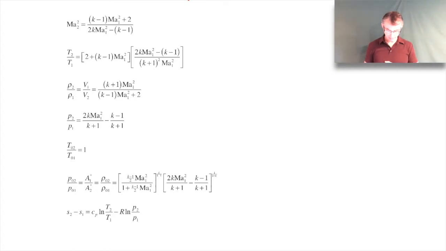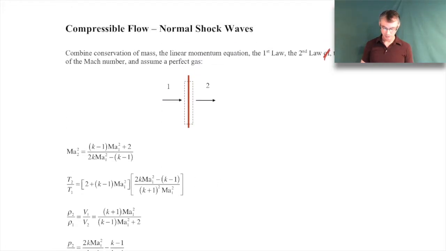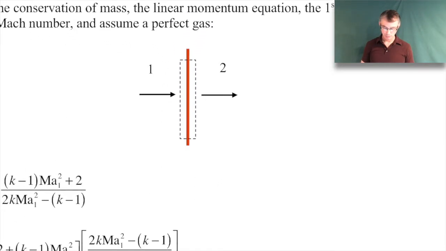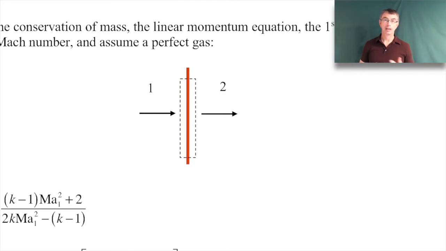One that's easy to remember is what's happening to the stagnation temperature. It remains constant across the shock wave. Now, the reason for that, let me go back and discuss this, and this starts getting into why we say normal shock waves are non-isentropic processes, is as the flow goes through the shock wave, when we analyze the first law of thermodynamics, you remember that there's this expression on the right-hand side.